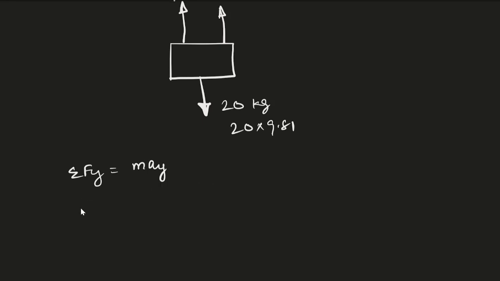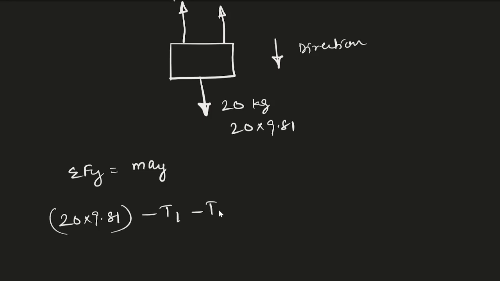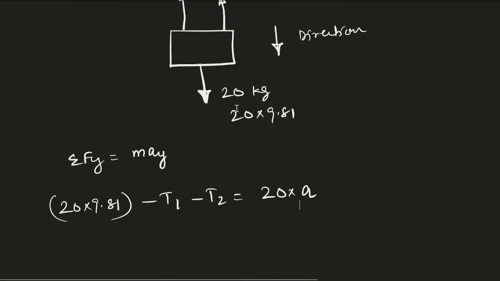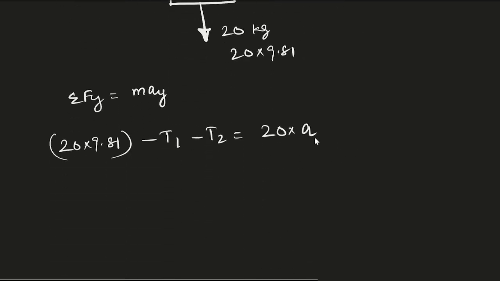The direction is downward. Downward we have only the weight, that is 20 into 9.81, minus T1 minus T2 equal to 20 kg into A. This is your third equation.